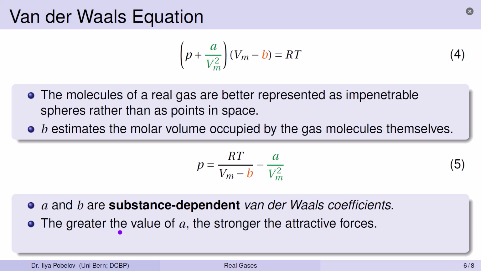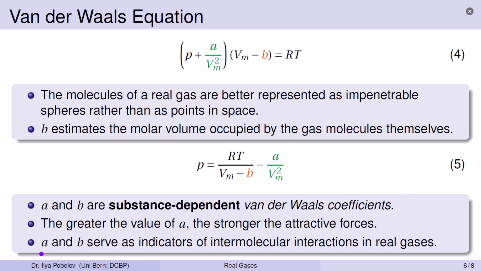The greater the value of A, the stronger the attractive forces between the molecules. This coefficient comes into play in processes such as the condensation of gases and might explain why some gases condense more easily than others. On the other hand, B correlates with what we would call the size of the gas molecules.